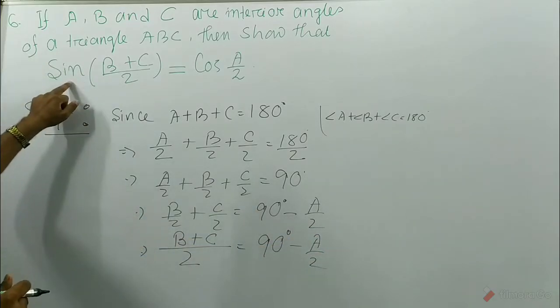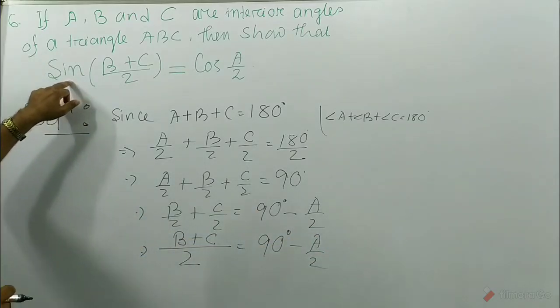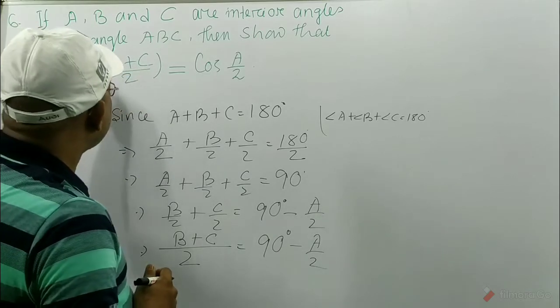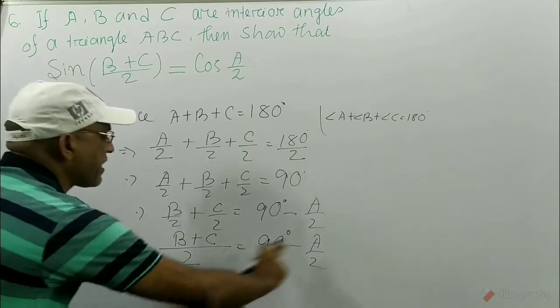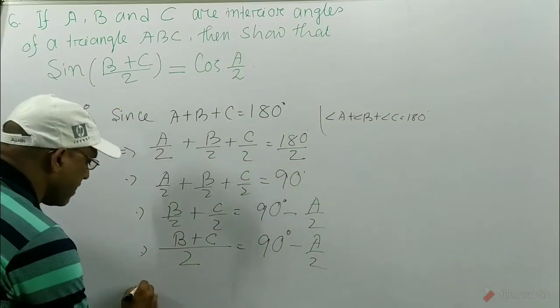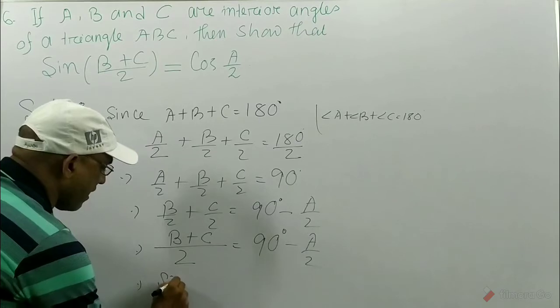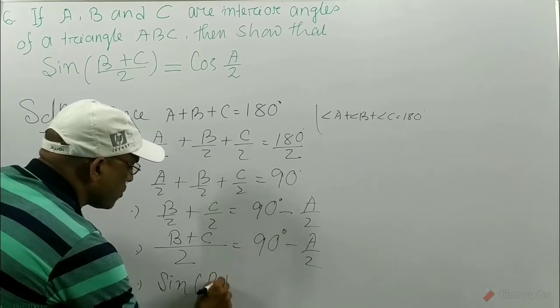Now on our left-hand side we have sin of (B plus C) by 2, so we take sine on both sides.